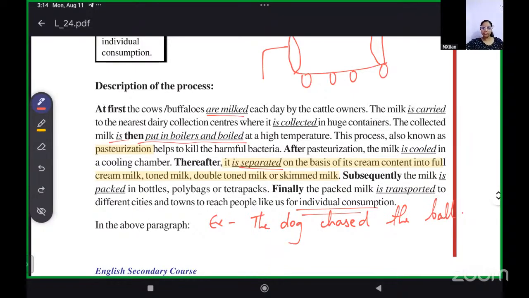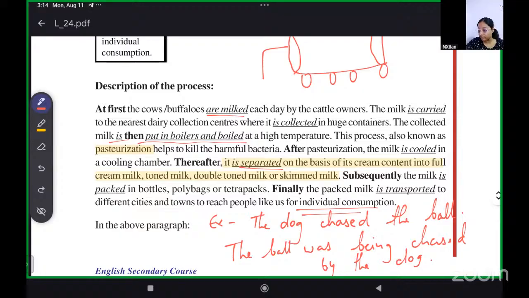This is a straight sentence in which the subject is doing something, an activity. It is an active voice. And for passive voice, we'll write it as the ball was being chased by the dog.